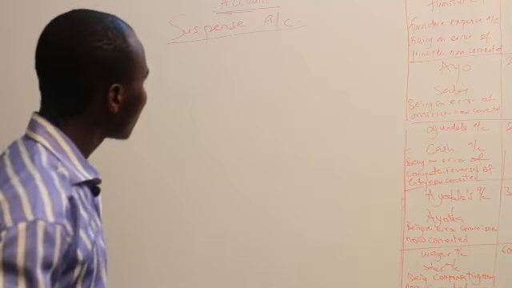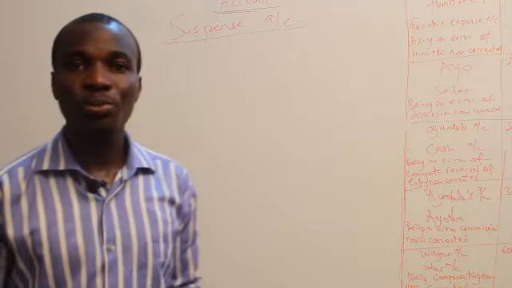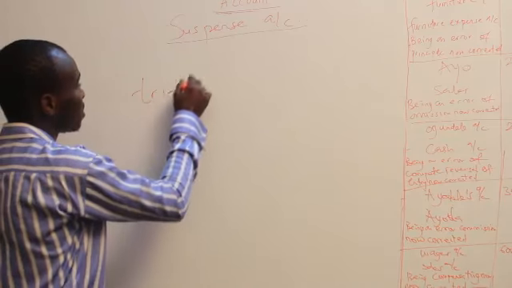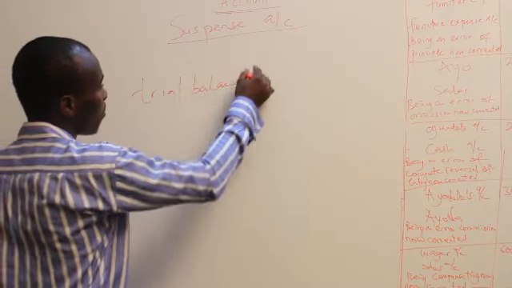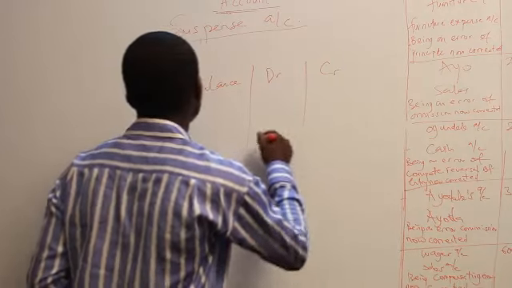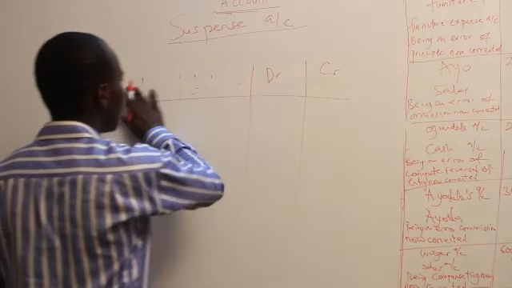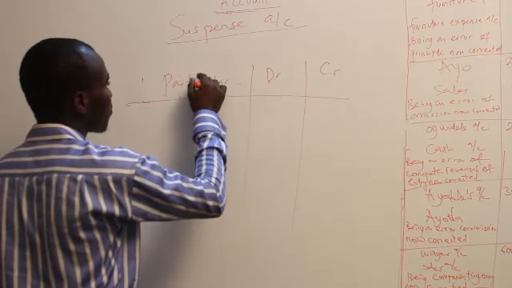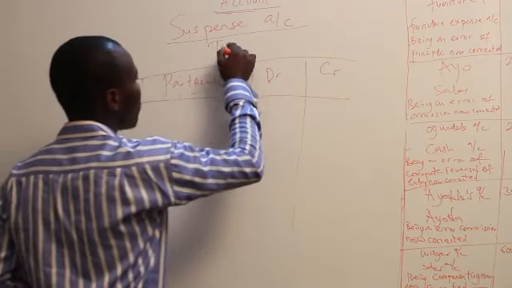So we can look at how to open the suspense account. Let's say we have a trial balance. So we have the debit, we have the credit.